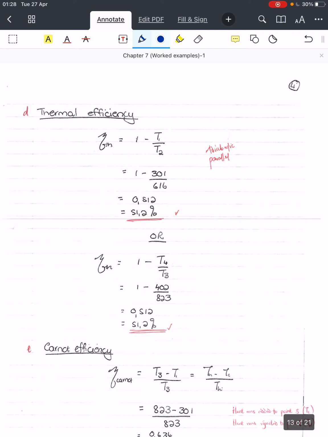Now let's move on to thermal efficiency. Since it's thermal efficiency, let's go back. For you to calculate thermal efficiency, you need to look at where heat transfer is taking place.